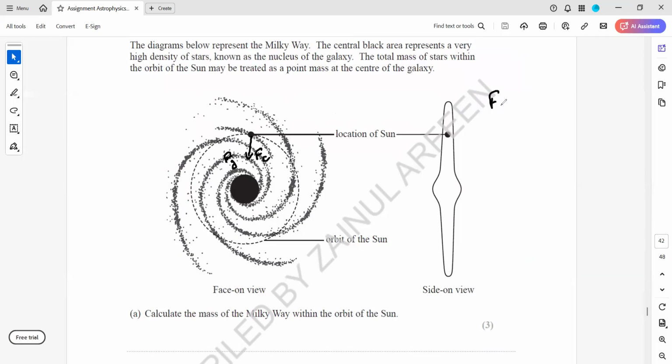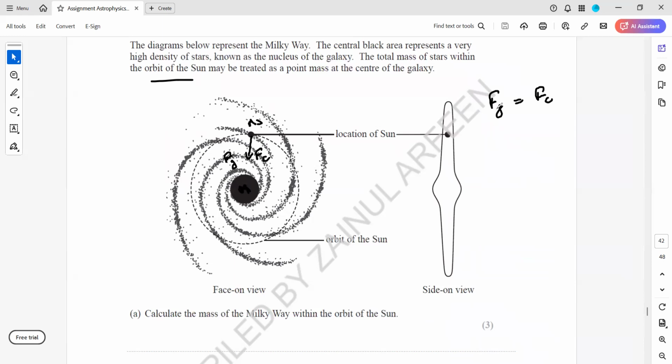So we'll say the gravitational force is equal to the centripetal force. This whole mass we consider as M, okay? Because they mention here the total mass of the stars within the orbit. So this whole total mass we call M, and this is the mass of the sun, m.